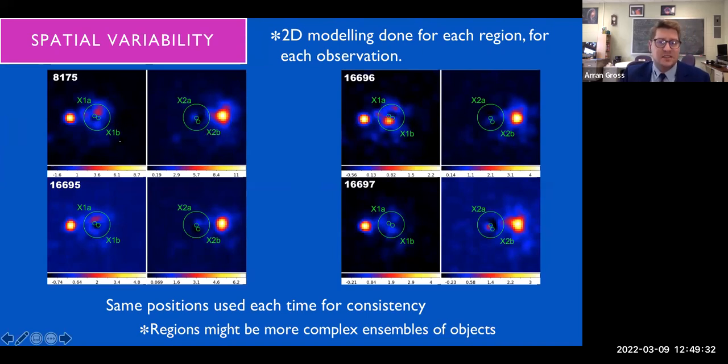And in all cases, in each of these fits, having 2 sources per region is justified statistically at about the 95% confidence level. 3 sources, absolutely out of the question. You do not get a statistically significant increase. So we stick with 2 sources, although the residuals indicate there's likely an ensemble of objects in each.